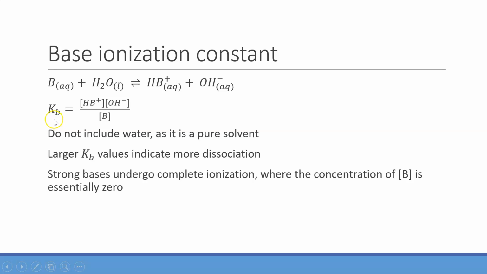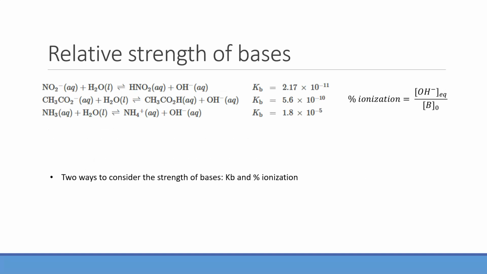So our Kb value is the protonated base, the conjugate acid, multiplied by the hydroxide ion concentration divided by the base concentration. We do not include water as it is a pure solvent, and larger Kb values indicate more dissociation, just like we discussed with the acids. Strong bases essentially undergo complete ionization, just like strong acids, so our denominator is essentially 0, and we don't have a Kb value for strong bases.